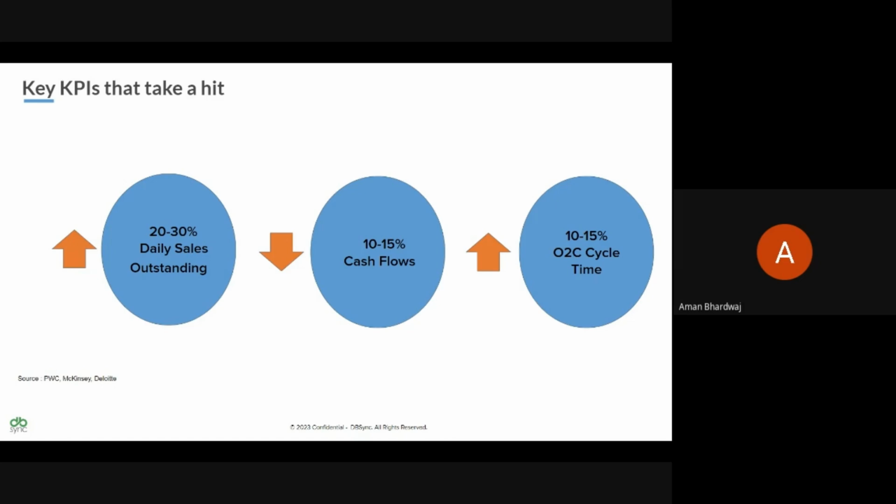DSO is one of these key metrics, and typically through sources like McKinsey and Deloitte, you've seen that if your order to cash process is not automated, if your finance teams are struggling with all of these pains that I've just highlighted, you'd see the DSOs getting elongated, or you'll also see the cash flows taking a hit, like incoming cash flow going down, or your cycle time extending, and even your service costs extending for a particular order or a set of orders that are coming in.